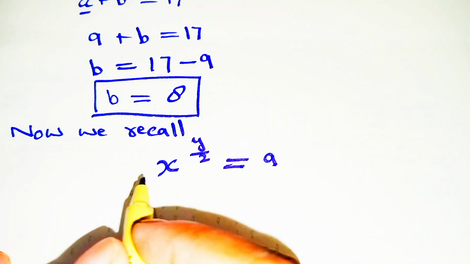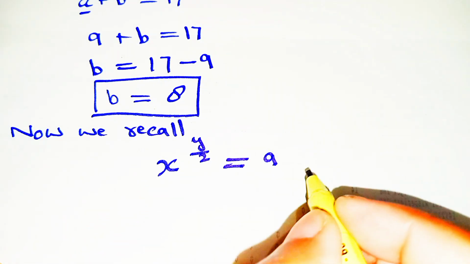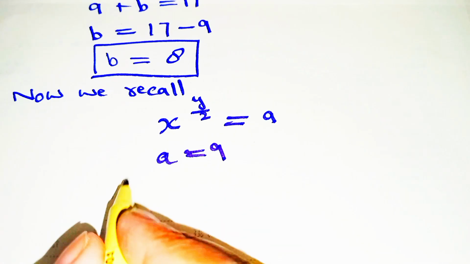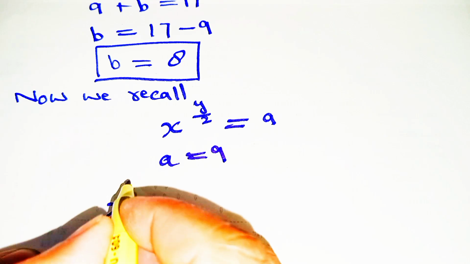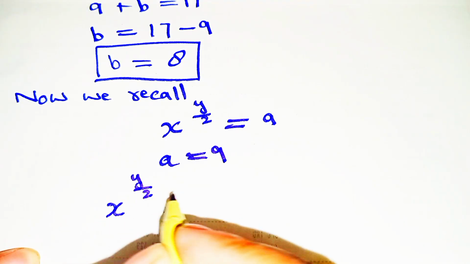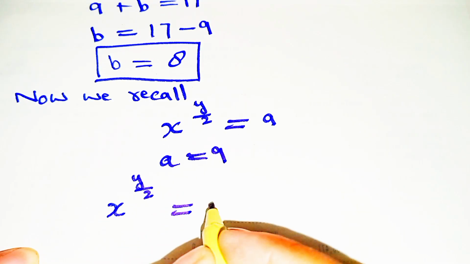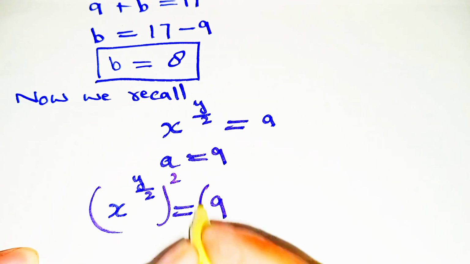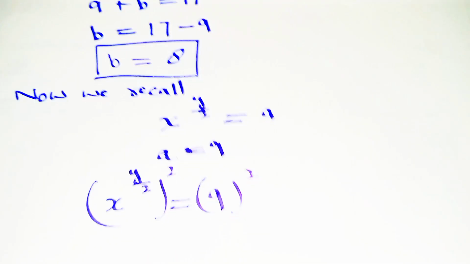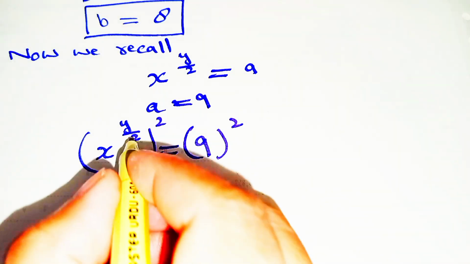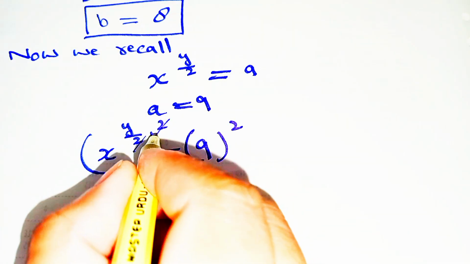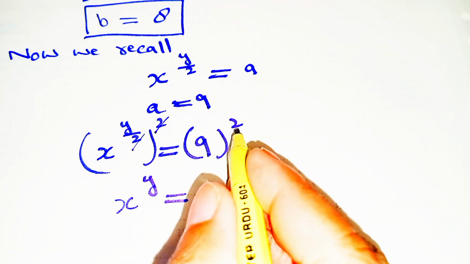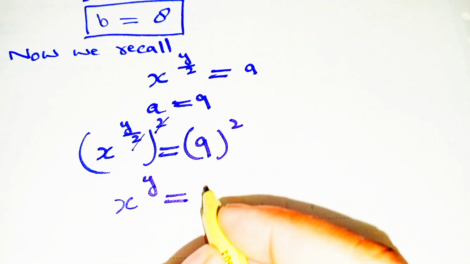Now we take the square on both sides, so the 2 cancels out with the 2, and remaining is x to the power of y is equal to 9 squared. 9 multiplied 2 times is 81.